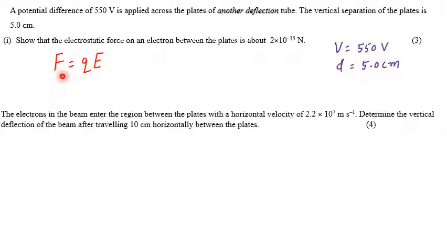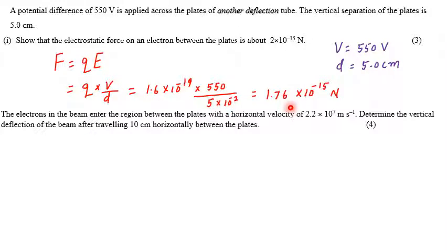Calculate the force. F is equal to Q times E. Charge of the electron times electric field strength, E is equal to V over d, which is in terms of potential difference and distance between the plates. Substituting into this equation gives 1.76 times 10 to the power minus 15 newton.